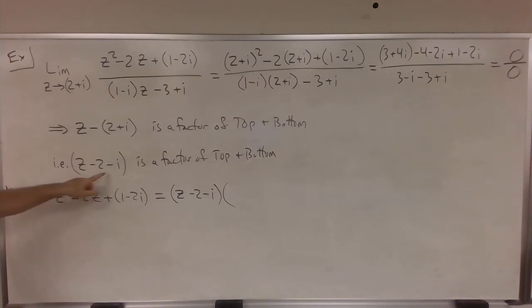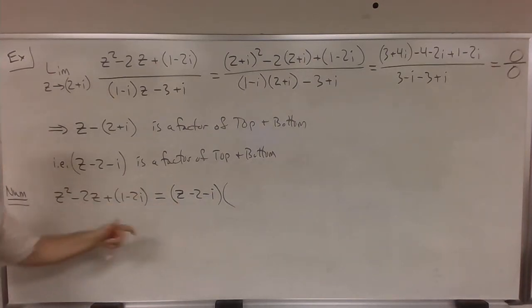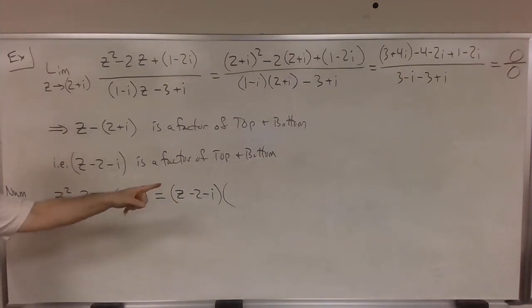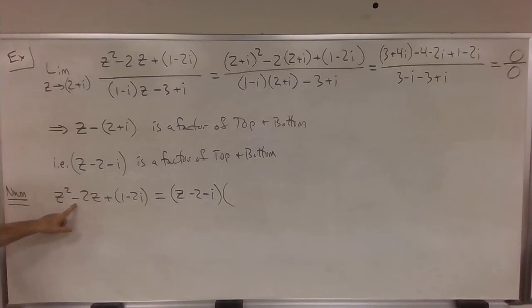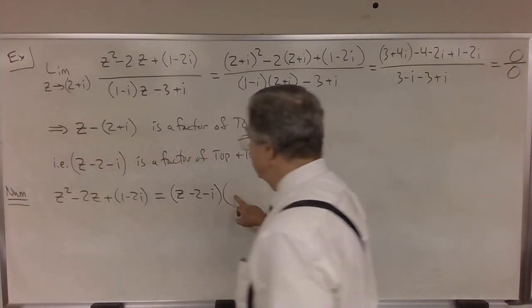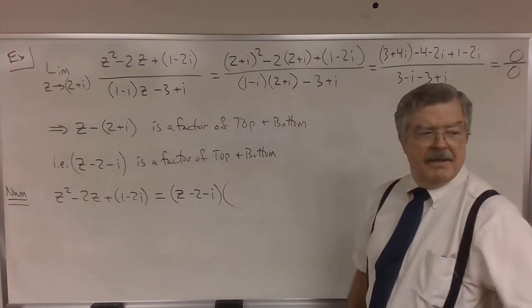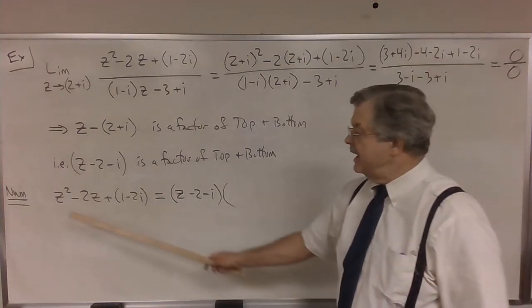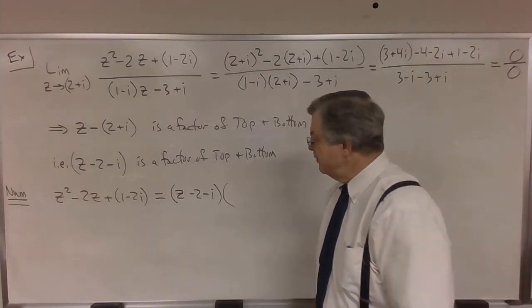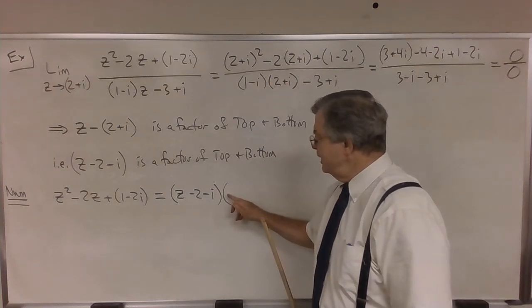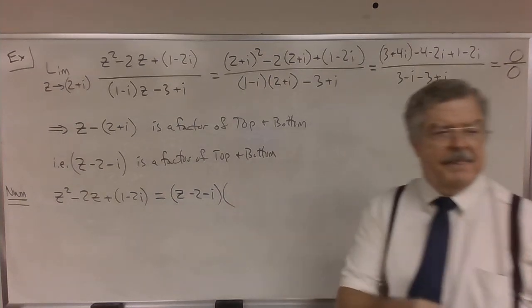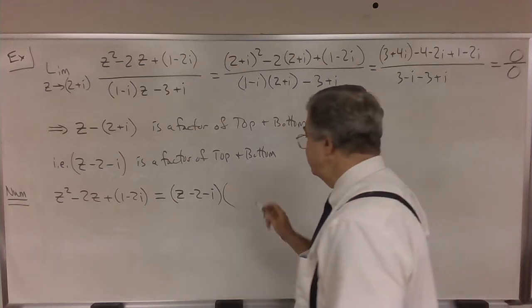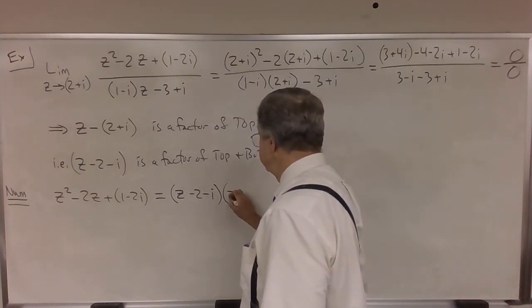Since this has to be a factor of top and bottom, this has to be a factor of the numerator. So this times something else is going to give us the numerator. Now, what is that something else? Well, we got a z squared right here, which means I guess we need to have z here. So I'll put z here.